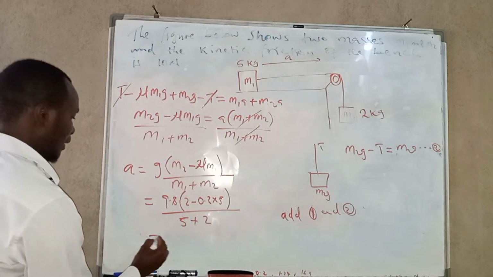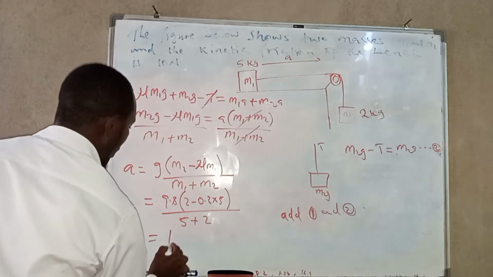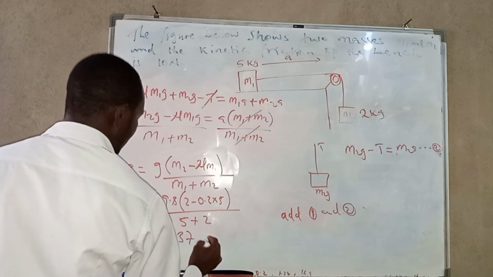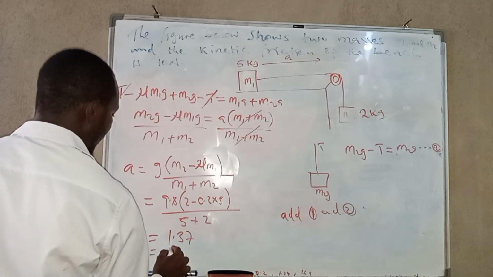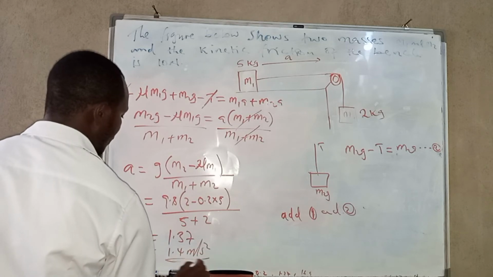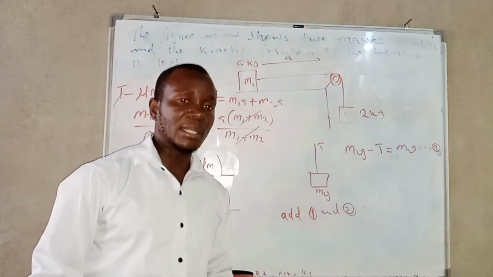Evaluating this, the value for acceleration will be 1.37, which can be rounded off to 1.4 meters per second squared as the value for acceleration of the system.